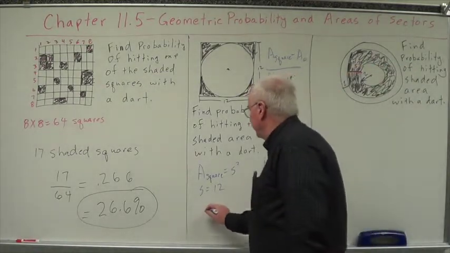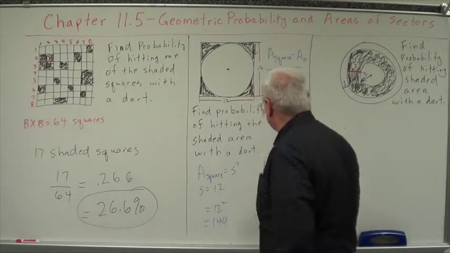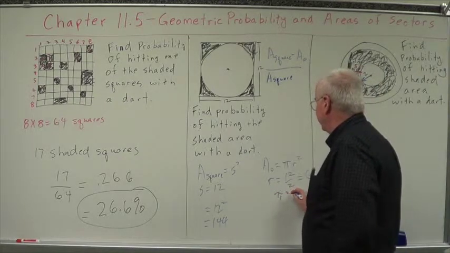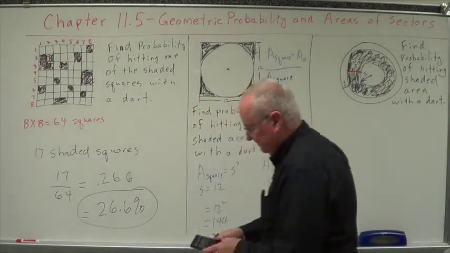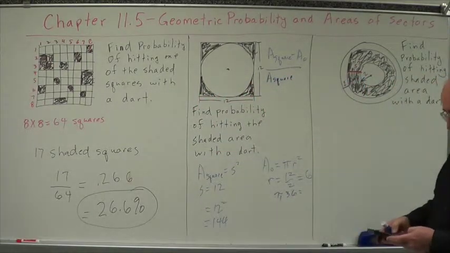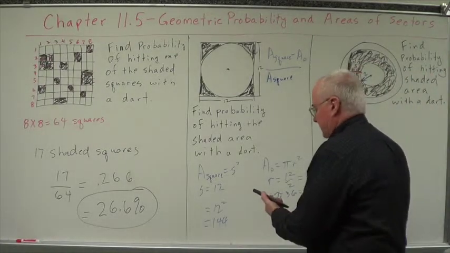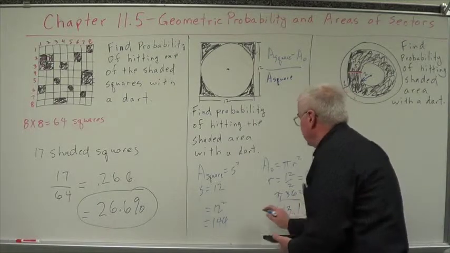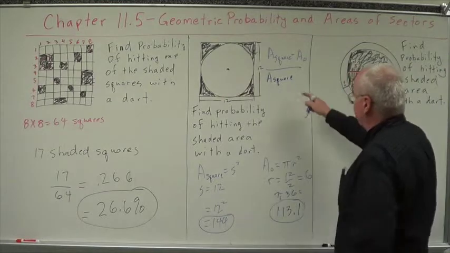If we do this one, we get 12 squared equals 144. We do this one, we get pi times 36. Alright, what's pi times 36 equal? Let's find out. 113.1.